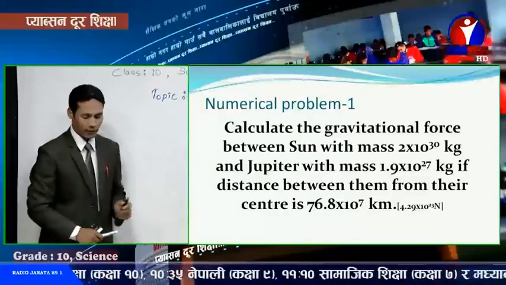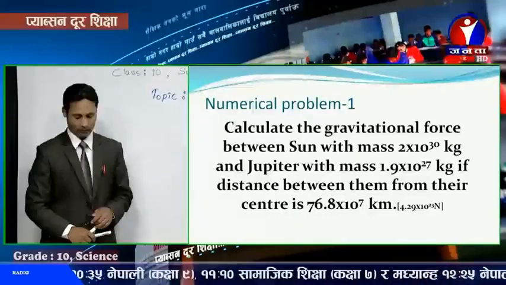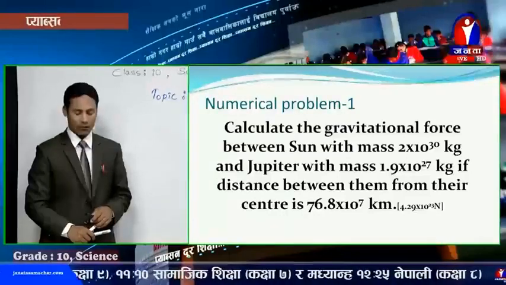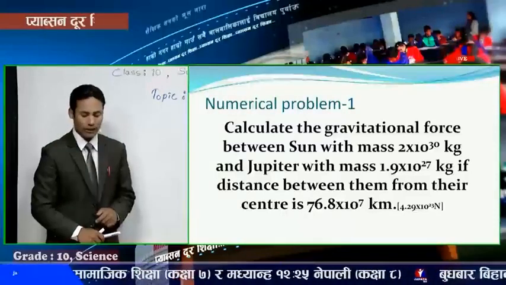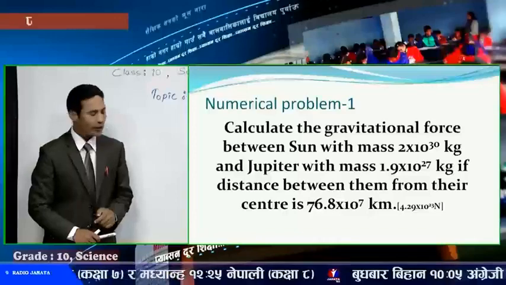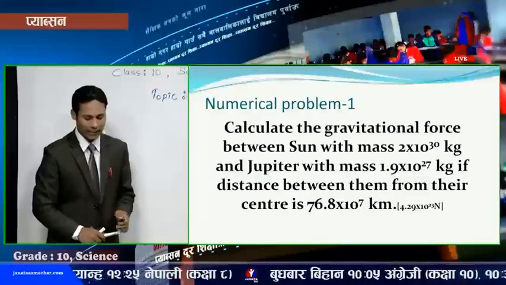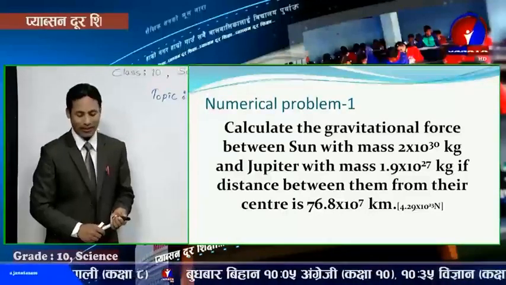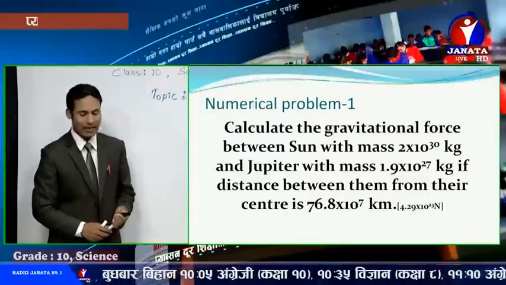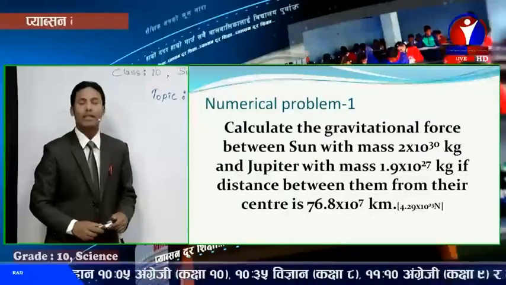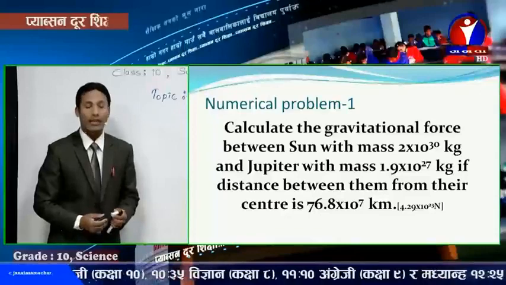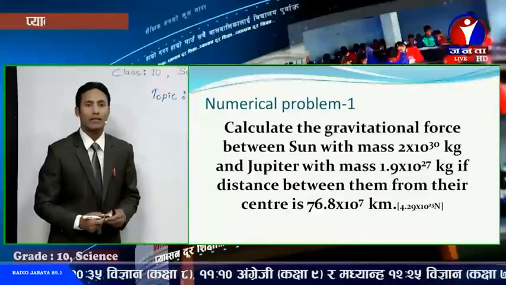You can see on the screen there is a slide with one numerical problem. The question is: calculate the gravitational force between the sun with the mass 2 into 10 to the power 30 kg and Jupiter with the mass 1.9 into 10 to the power 27 kg, if the distance between them from their center is 76.8 into 10 to the power 7 kilometer. We need to calculate the gravitational force.